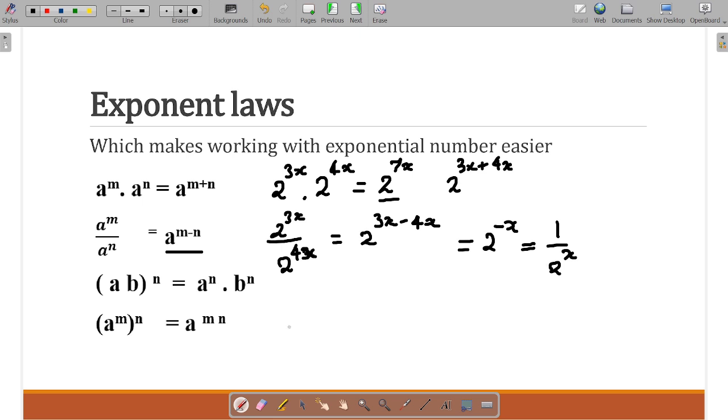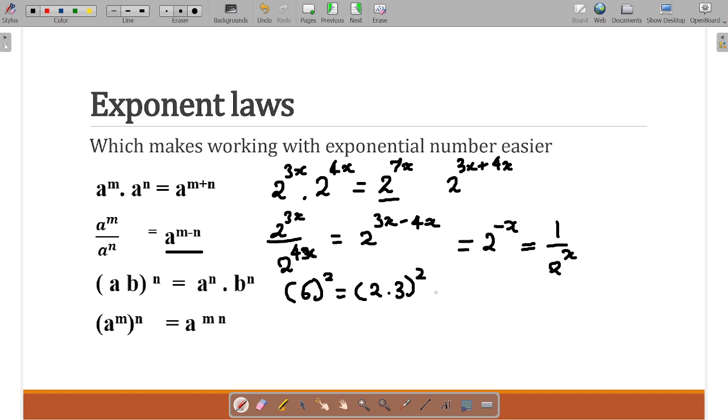Next, ab the whole power n is nothing but a power n times b power n. Let's have some more examples. That is 6 squared, that is 2 into 3 the whole power 2.